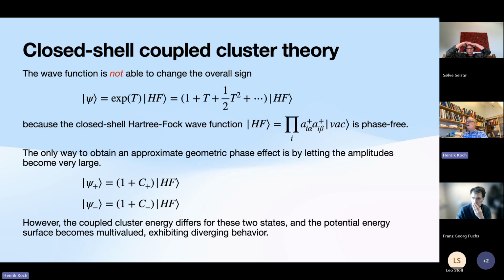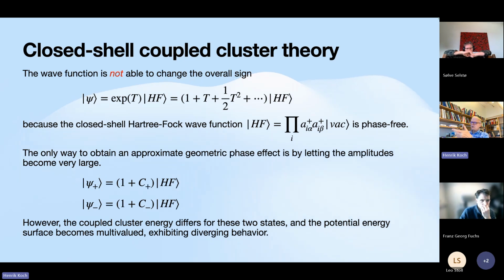And those components that are higher there are in the orthogonal space to the Hartree-Fock. So the T operator excites out of the Hartree-Fock state, and the Hartree-Fock state will always have a weight of 1. And the only way that we could make the wave function change sign is what we see down here.